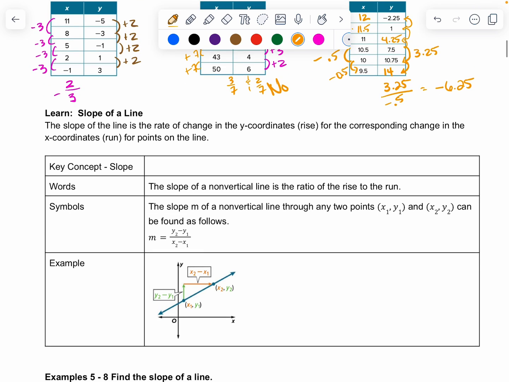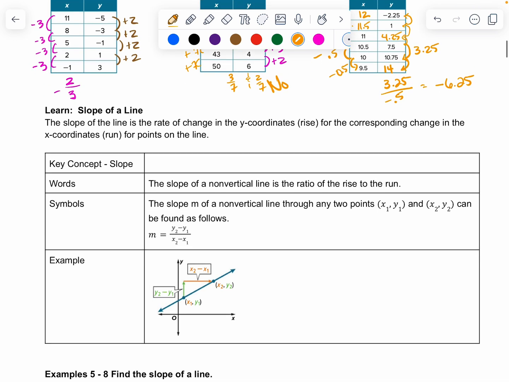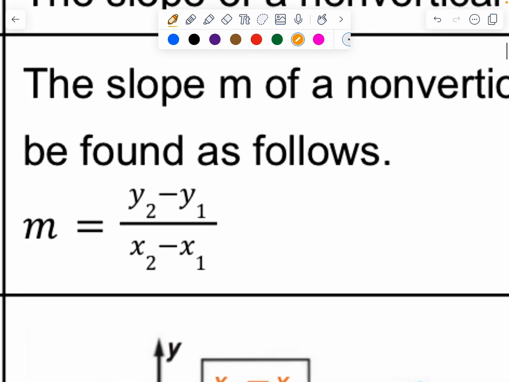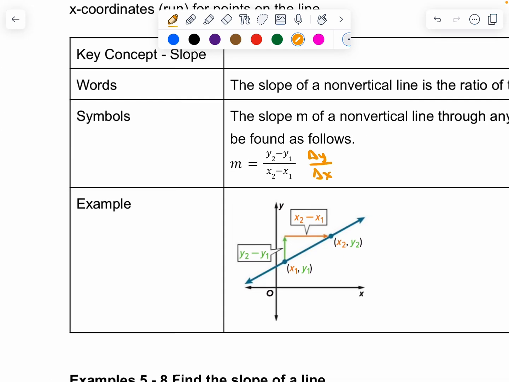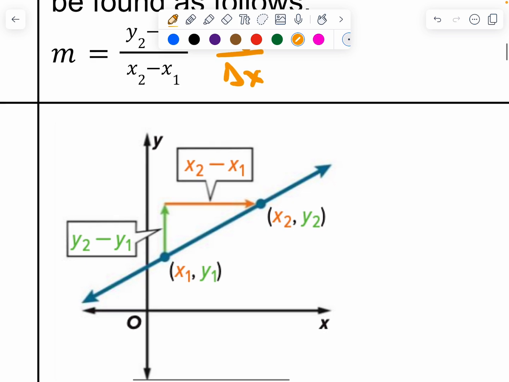Okay, slope. Slope and rate of change are basically the same thing. Instead of saying the change of y over the change of x, you're going to use the formula. You subtract the y values and you subtract the x values. How much did you go up or down, and how much did you go right to left?